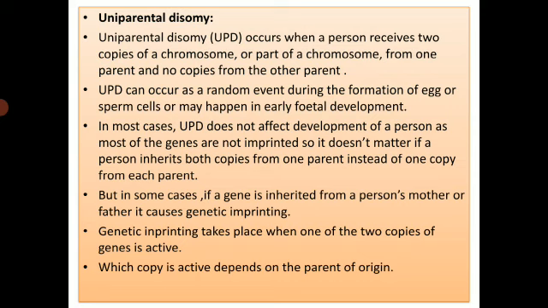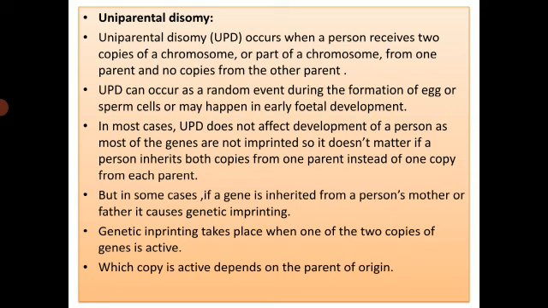Angelman and Prader-Willi syndromes are neurobehavioral disorders, most commonly due to a large deletion of chromosome 15 q11 to q13. Okay, you can read it as 15, that means chromosome number 15. In that, the q arm and bands 11 to band 13.